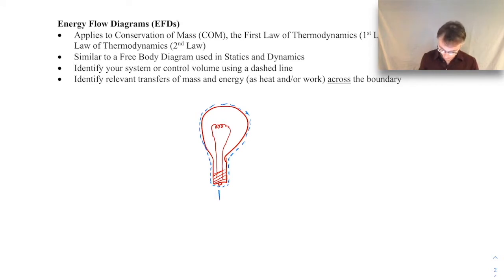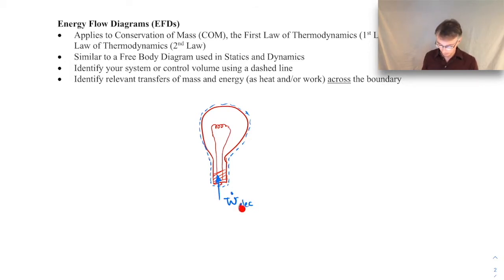First of all, I have some electrical work coming in. Let me write it like this, and then I'll explain it. The W represents work. The dot on top of it represents the time rate of change of work. So the time rate of change of work is just power.